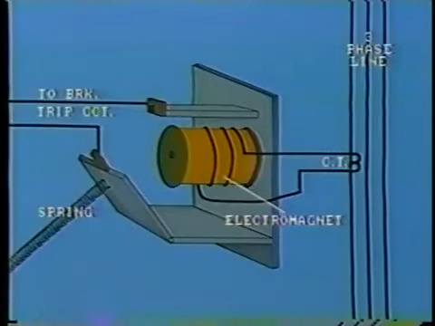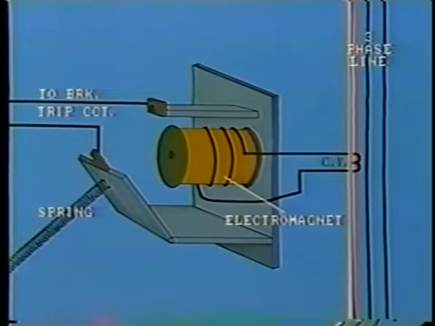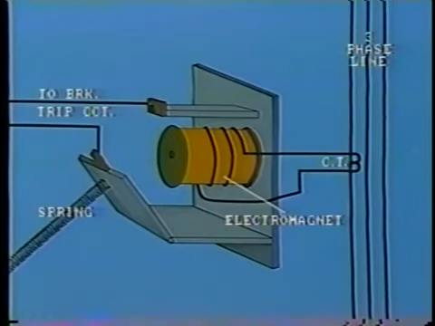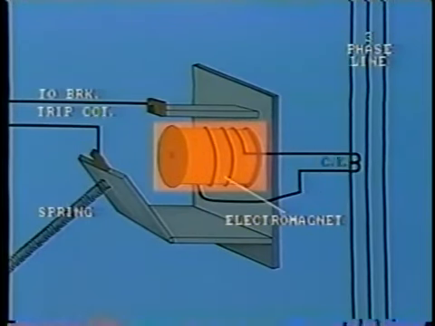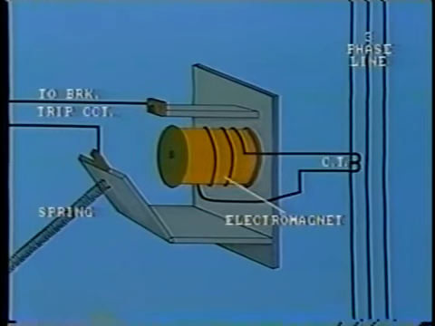Here is a typical instantaneous overcurrent relay of the clapper type. Its principle of operation is extremely simple. The CT measures the current in the primary line, and the CT secondary passes this current through the coil of the electromagnet. The resulting magnetic force pulls the hinged armature, that is, the clapper, against a restraining spring.